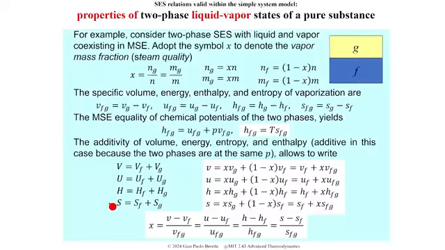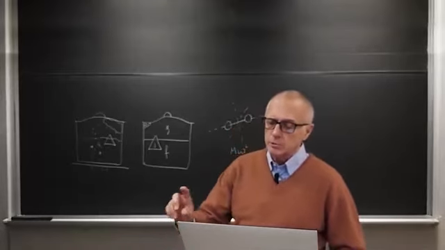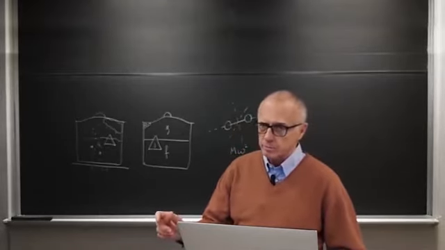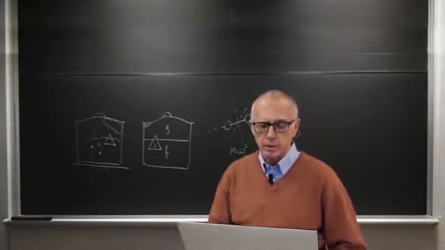The entropy also is an additive property, the entropy of one plus the entropy of the other. The enthalpy, in general, is not an additive property, but here, because both systems have the same pressure, it becomes additive.